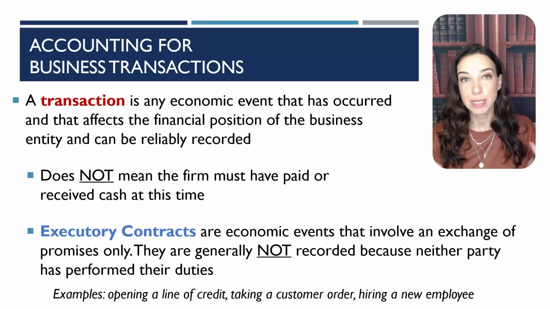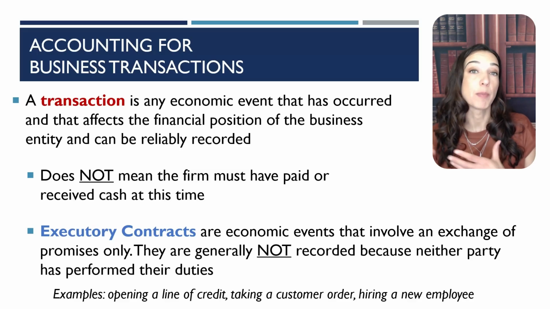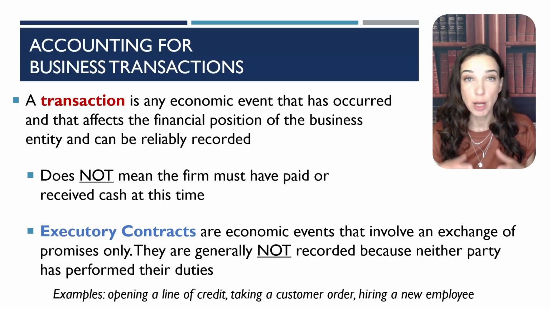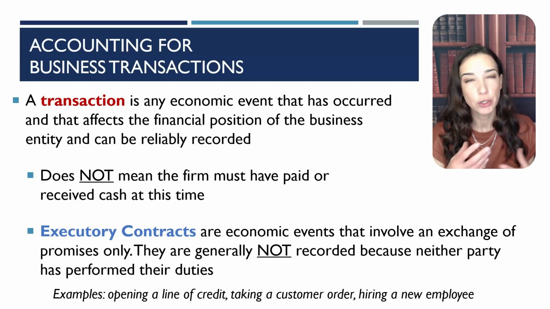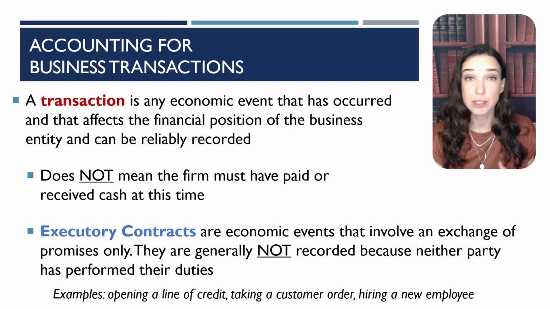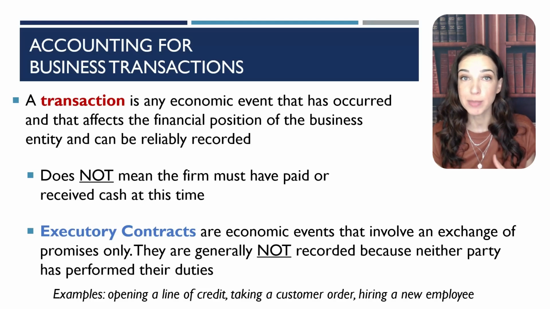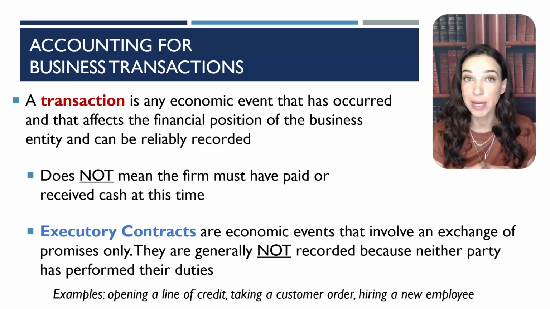When a firm opens a line of credit, so they have the opportunity to borrow money in the future, is it important that they have access to this potential source of funds? Yes. But did a transaction occur? Not yet. If a customer order comes in and it is not coupled with a deposit, all we have is an exchange of promises. The customer promises to pay us in the future.